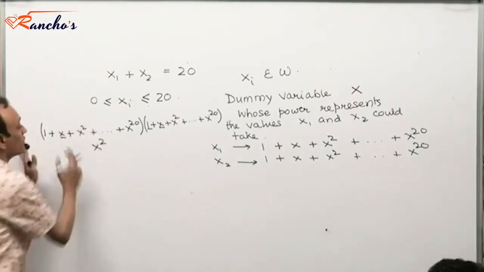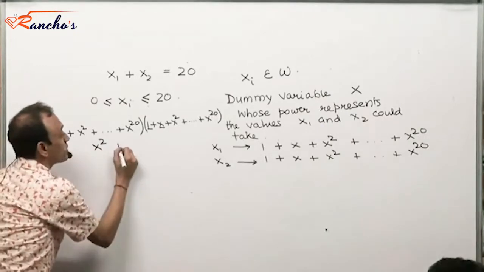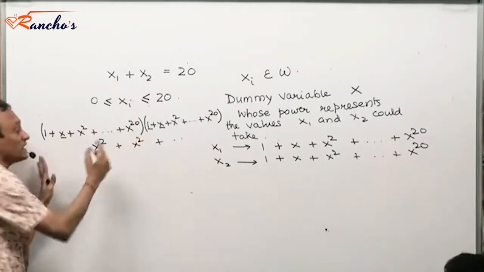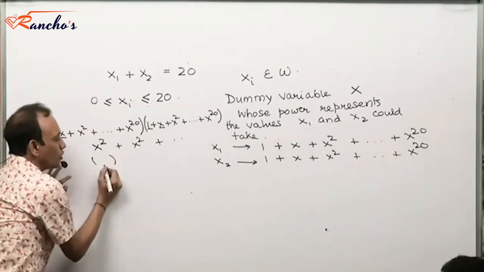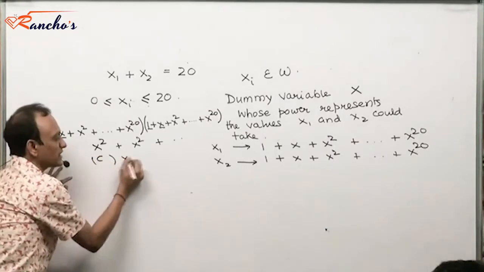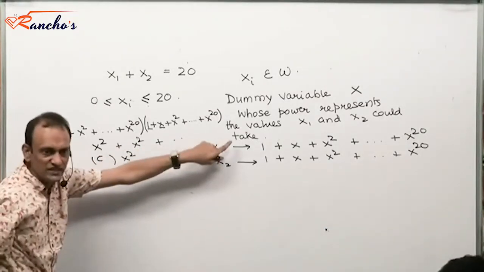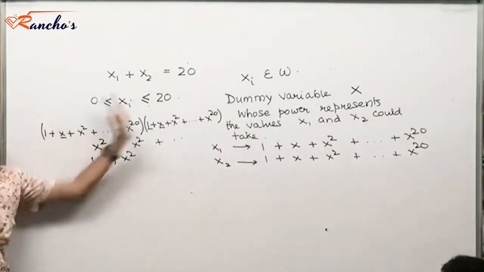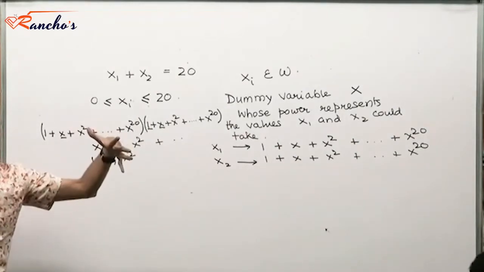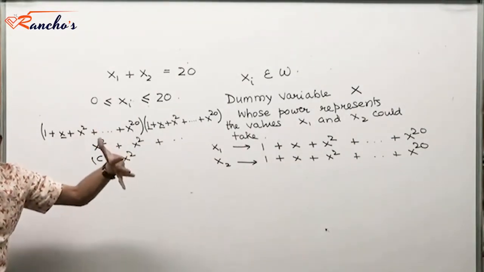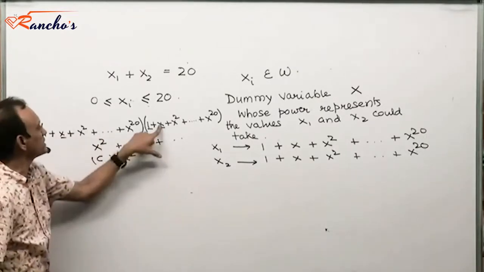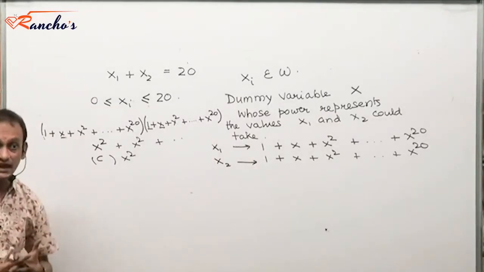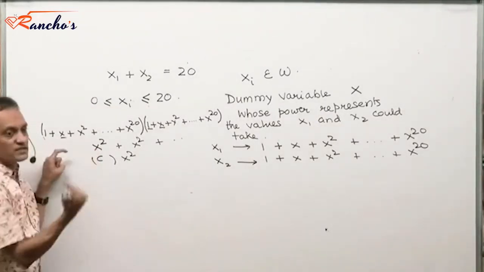Yes or no? So there would be a certain number of ways in which x squared will appear. And the number of ways in which x squared will appear is really like the coefficient of x squared, c into x squared, right? C is the number of ways in which x squared appears. That will be the coefficient of x squared in this multiplication. When I multiply this out, x squared appears in a certain number of ways: x squared with 1, 1 with x squared, and so on. Now, every time x squared appears, it means what?